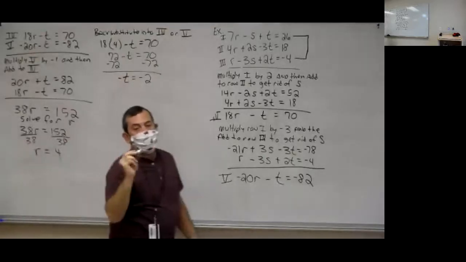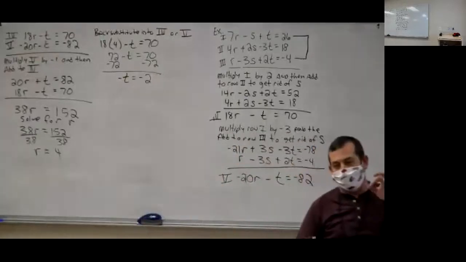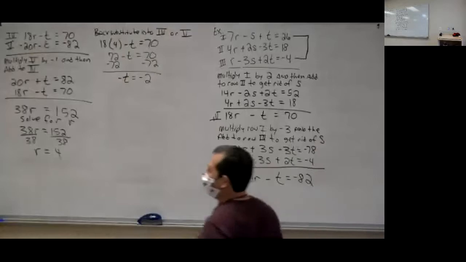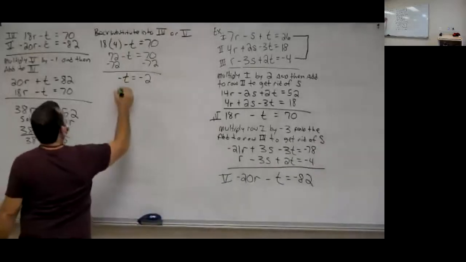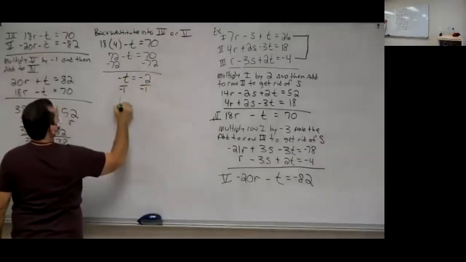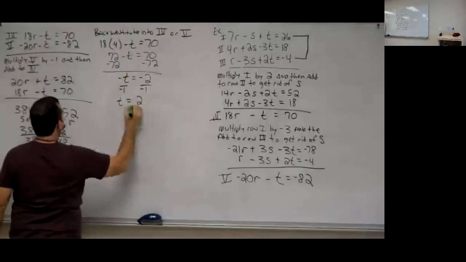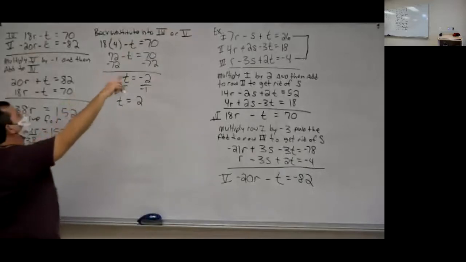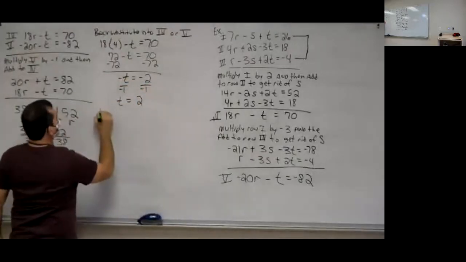Good job. I have a lot of people that just bring down the T and they forget about that negative sitting there. And that will throw the answers off. All right, y'all, divide both sides by the -1. So now I know T is positive 2. So R is 4, T is 2. So now I'm going to back substitute into 1, 2, or 3.